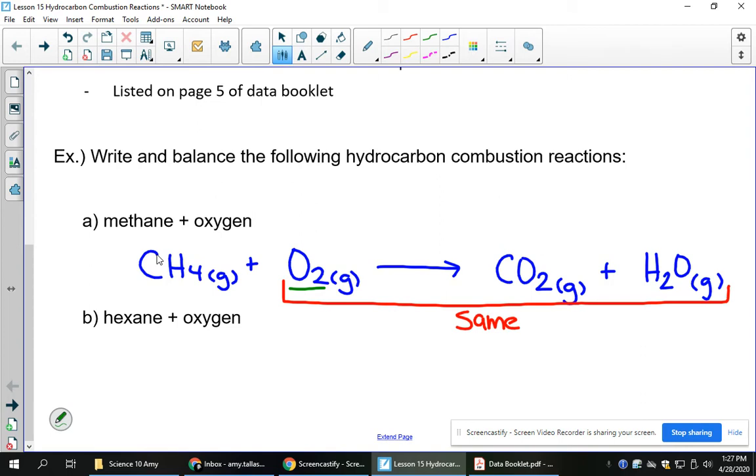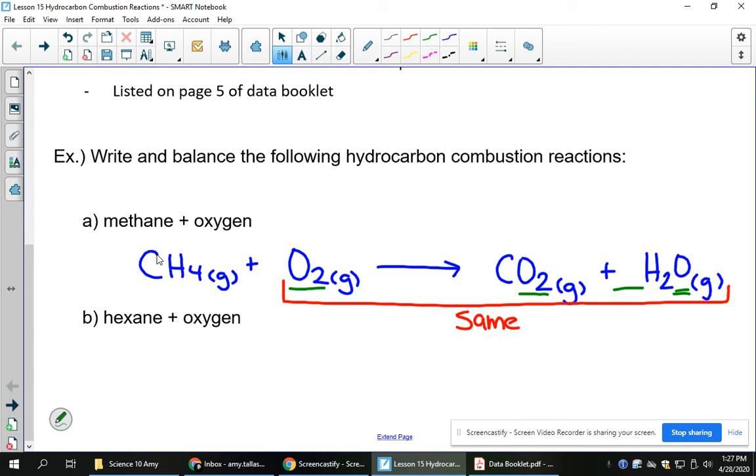That's an even number. What's going to throw that off is that we have 2 oxygens on the product side, but we have 1 over here, which makes an odd number. There's 3 oxygens. So a lot of times we have to put a number in front of the water to make that side even. We'll put a number like 2, 4, 6, 8, something that would make this oxygen here an even number instead of an odd.